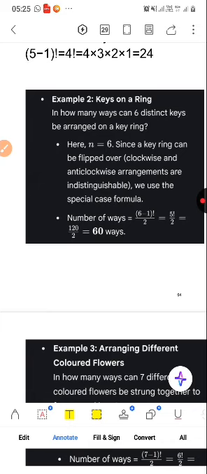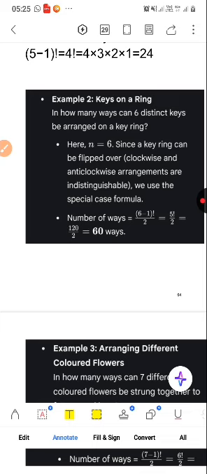The common factor is that they should all be distinct, whether around a table, in a ring, or on a string. But the difference is the rotation. Around the table, when counterclockwise rotation is made, a different permutation is obtained, and when clockwise rotation is made, a different permutation is obtained.